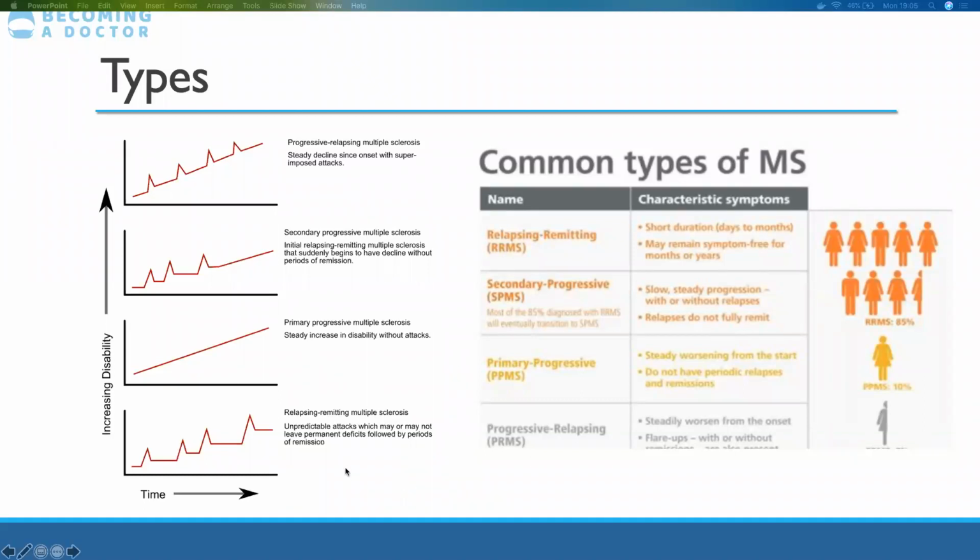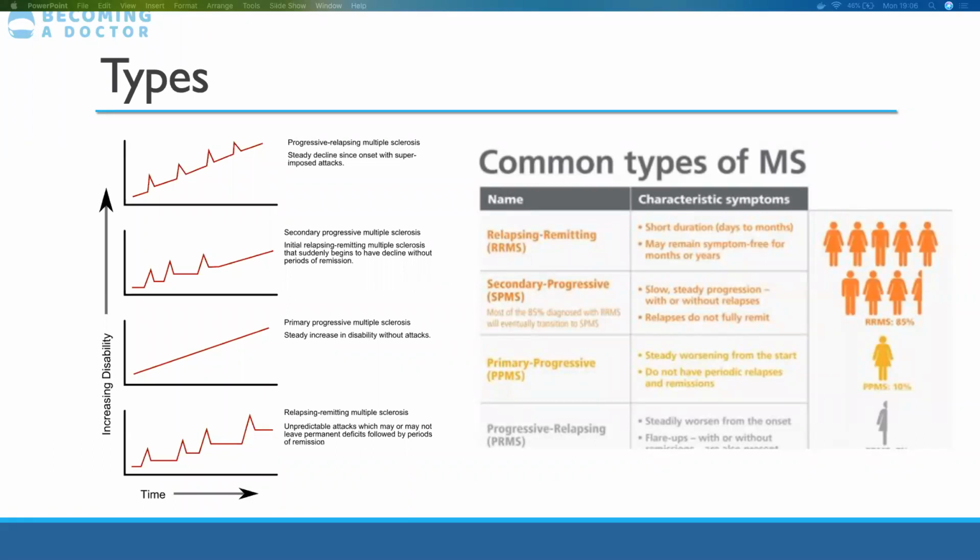Then there's secondary progressive MS, which starts off as relapsing, but then eventually you have a progressive decline, again with no remission periods. This happens in about 65% of people, and 85% of people with relapsing remitting MS will eventually progress to secondary progressive.